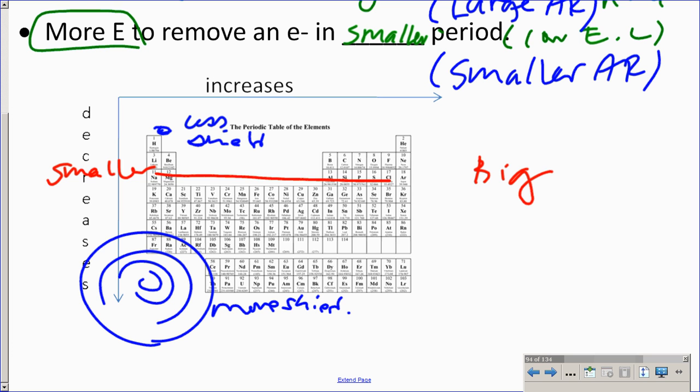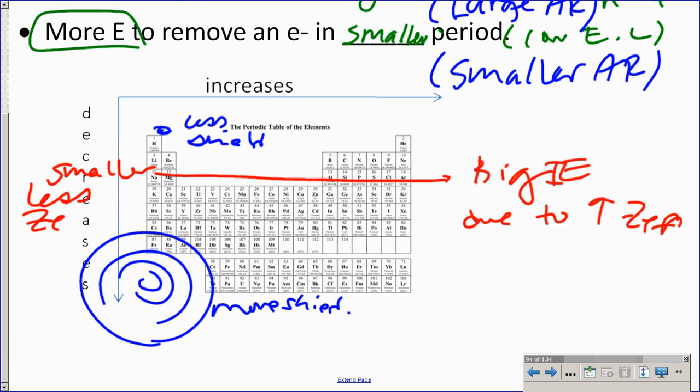Right, so as you go across from left to right of the periodic table, there's a bigger ionization energy due to increased effective nuclear charge, because they have a tight hold on their electrons, whereas over here, lesser effective nuclear charge means they have a less tight hold on their electrons. So you require a lot of force to take these electrons because the nucleus is so attracted.